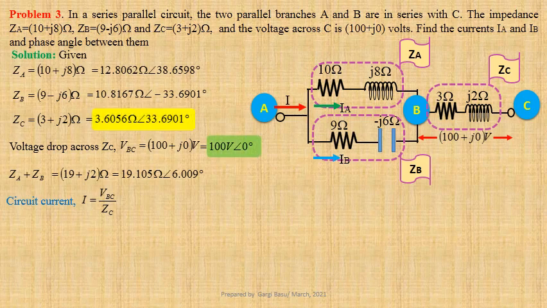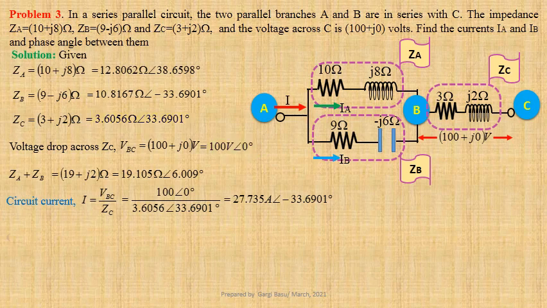Using values we get 100 at an angle 0 degree divided by 3.6056 at an angle 33.6901 degree. That gives us 27.735 ampere at an angle minus 33.6901 degree.